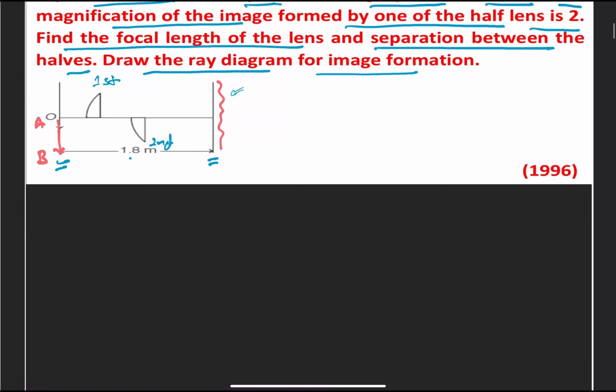It says that only one half lens is shifted, and the other half is kept at a fixed point.